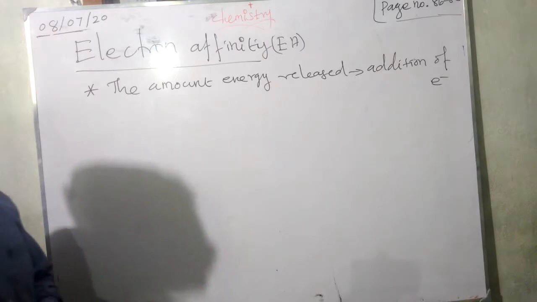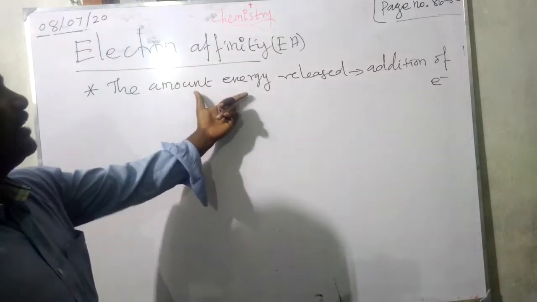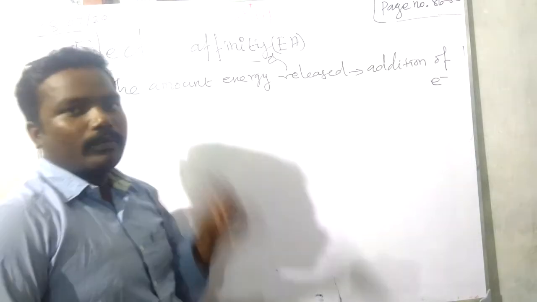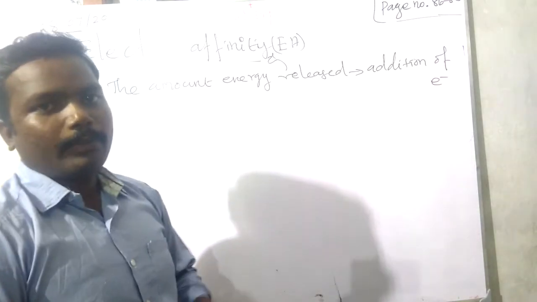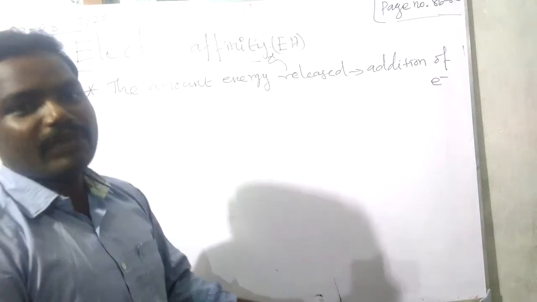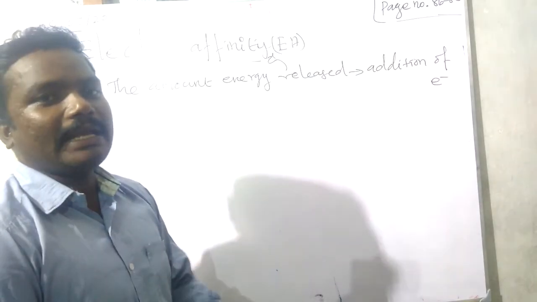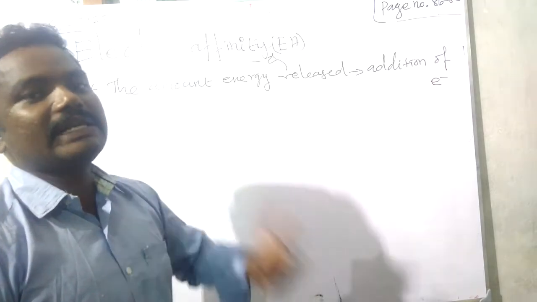During the addition of an electron, an amount of energy is released. That released energy is called electron affinity. We can add one electron without needing to give any energy, but the element, while adding, gives some energy. That released energy is called electron affinity.